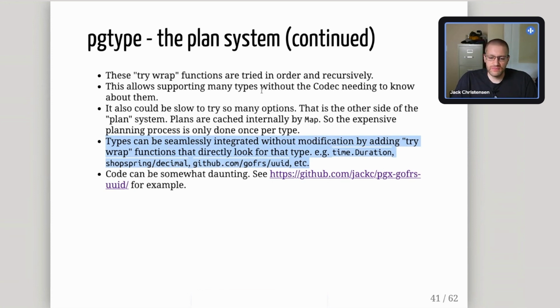There are these TryWrap functions, look for them and say, hey, is this a shopspring decimal? Well, if it is, let me wrap it in a type that implements the PGX types and then unwraps it on the way out. So that lets you end up using like a PGX decimal or the shopspring decimal type directly without having to manually wrap stuff. That's a big win for convenience.